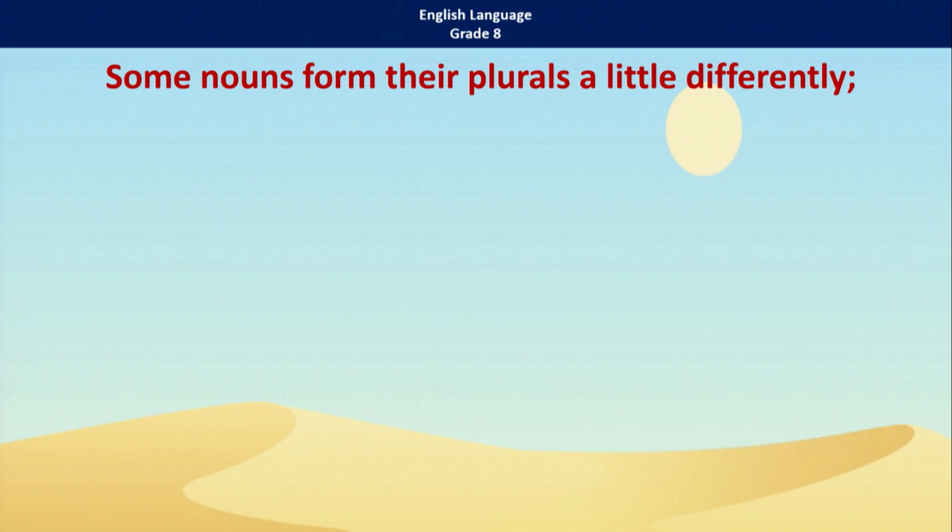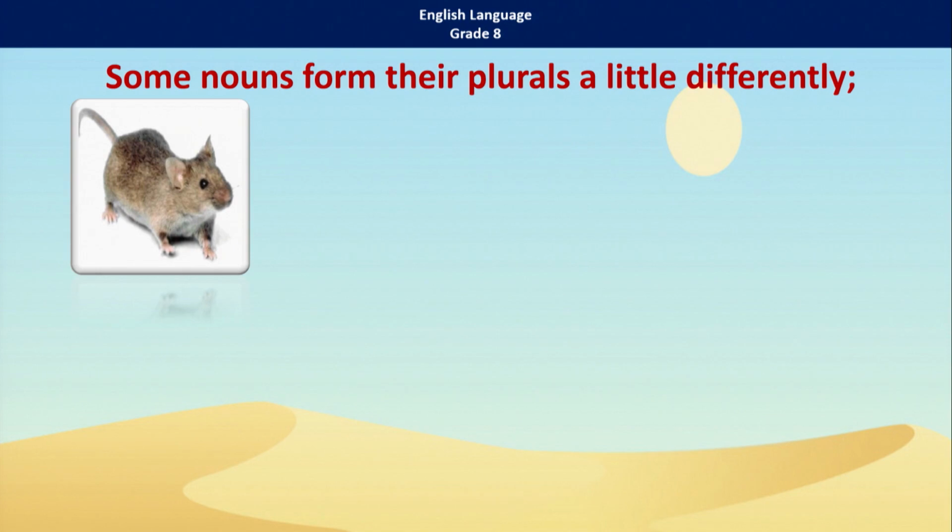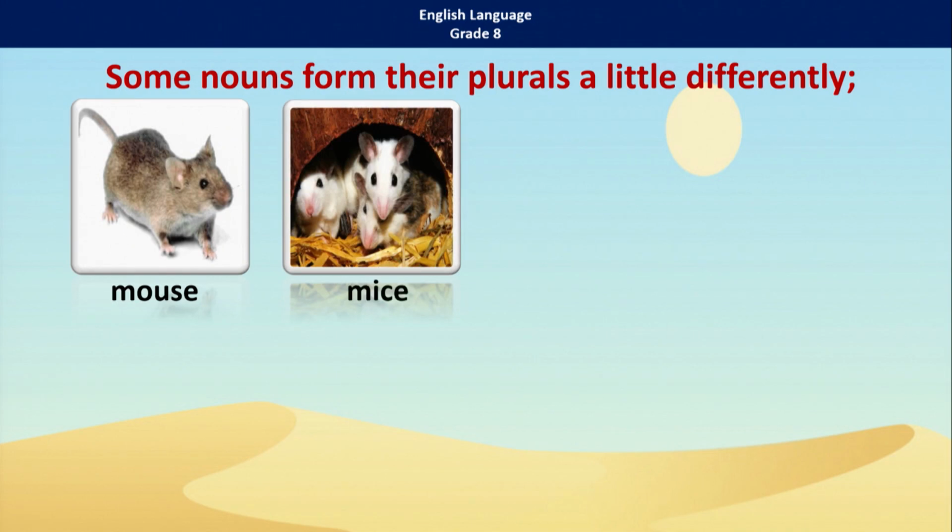Some nouns form their plurals a little differently. And what are those nouns? Yes, we have to memorize those pluralizations. We have to remember the word. Mouse. What is the plural of mouse? Mice. Yes, mice. Mouse and mice, there is no change in the spellings, but it gives a different word.